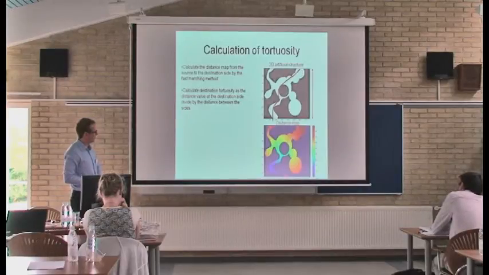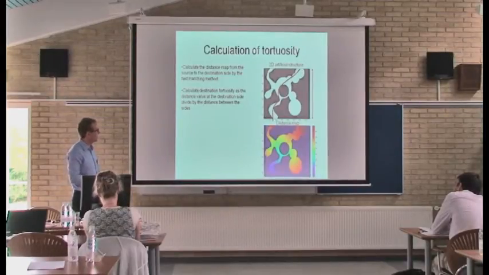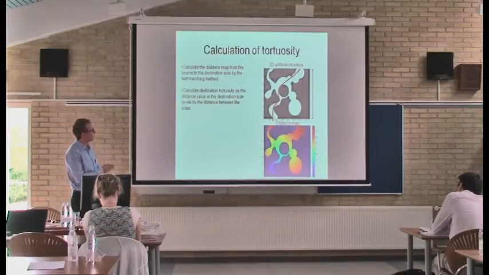So if we define a zero value down here, and then propagate distances out in our structure in all directions simultaneously, then the value we have up here actually gives us the shortest path to any location down here. So we have obtained the distance of this path in our structure.